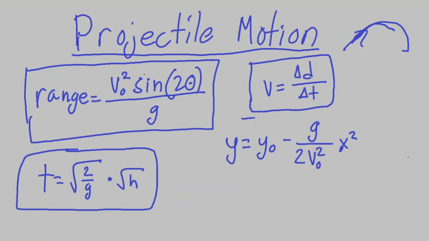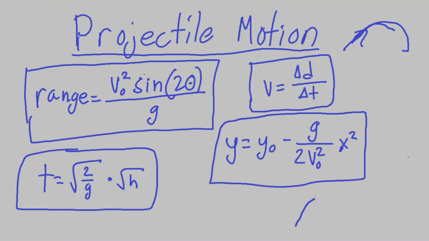And then we also have a new equation here. When you plug in the given values, you're going to get the equation of a parabola. That's why you see the x squared here and then you see a negative. So when you shoot something as a projectile, it's going to have that shape.